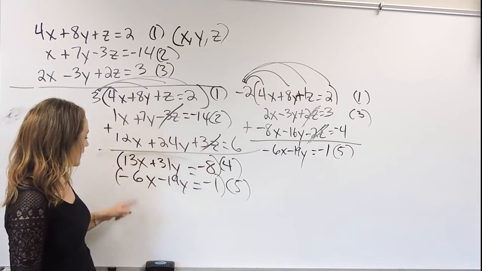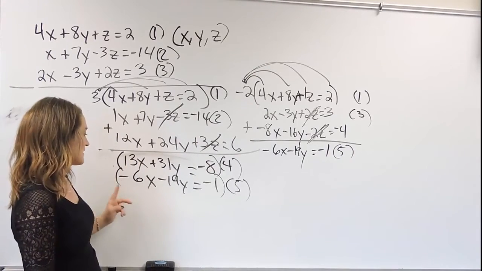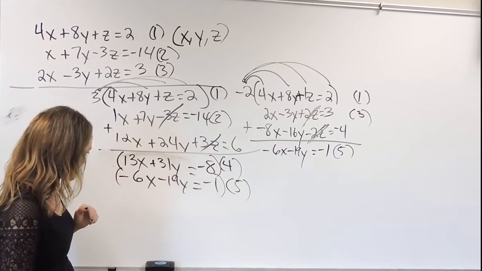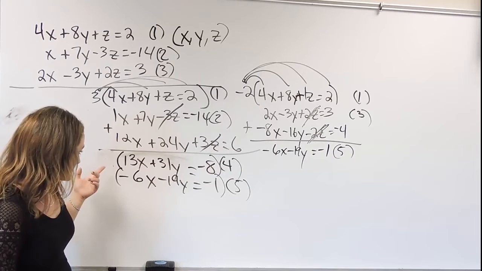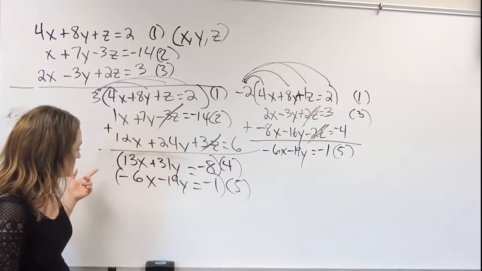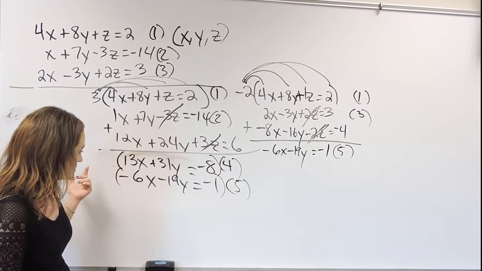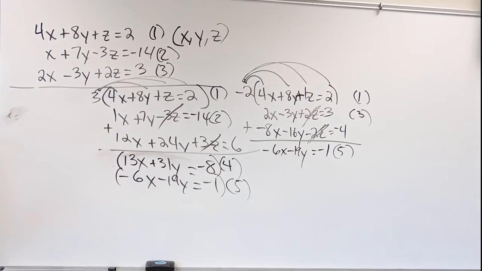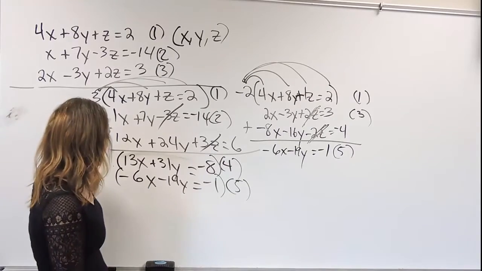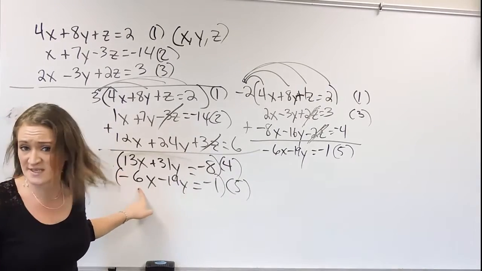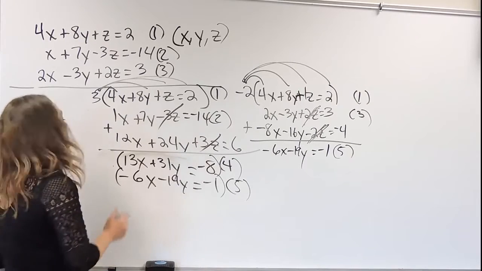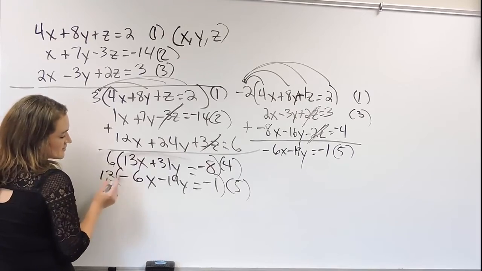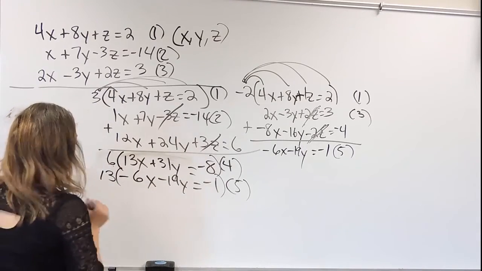Looking at our x values, we have a 13 and a negative 6, so they already have different signs. 13 times 6, which is 78, is probably the first thing that they have in common. So I'm going to multiply the top by 6, and the bottom by 13, and distribute and see what happens.